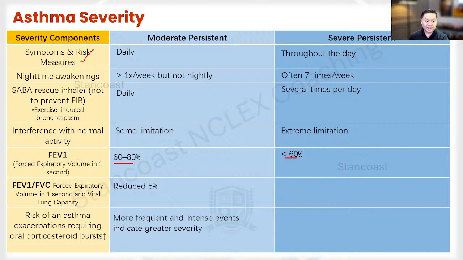And really, it's telling us that the patient's lung function is significantly affected. And now, if we're talking about the exacerbation and the need for them to use an oral corticosteroid, they're going to require that medication, and also there are frequent and intense events.